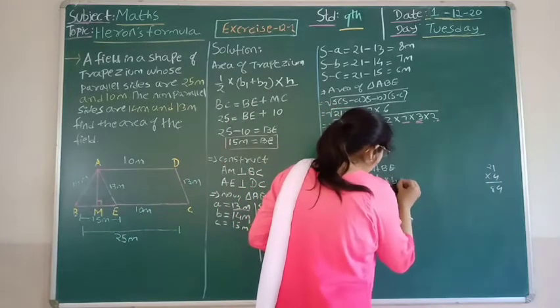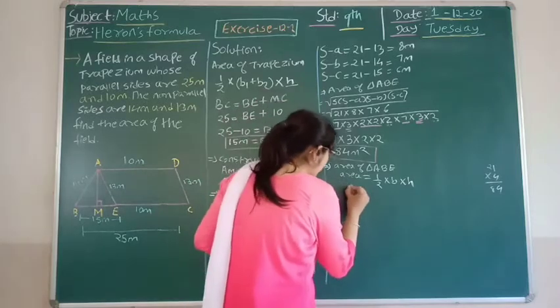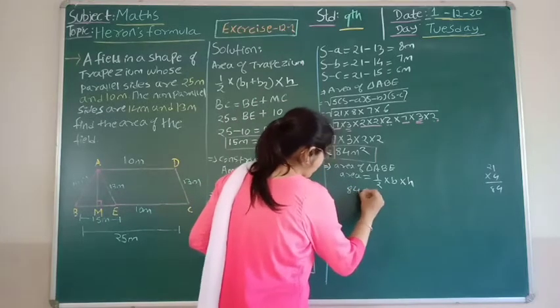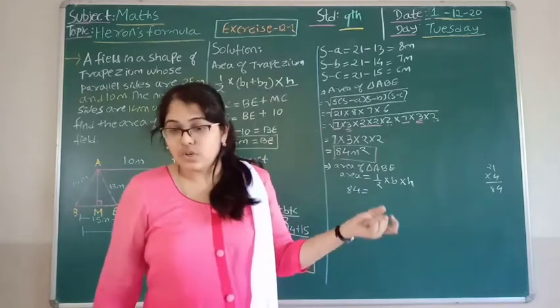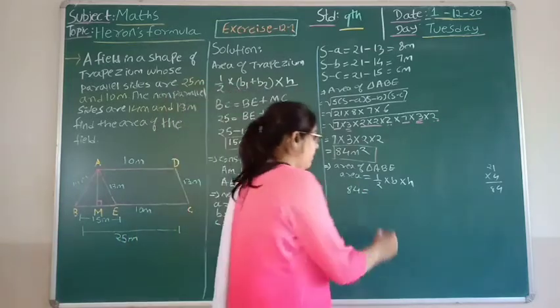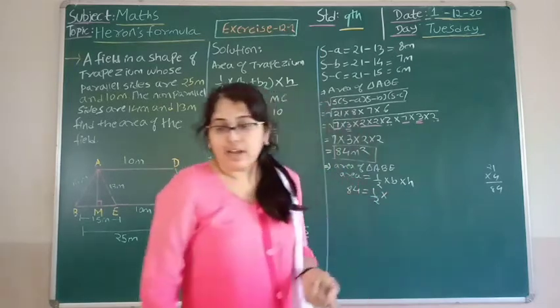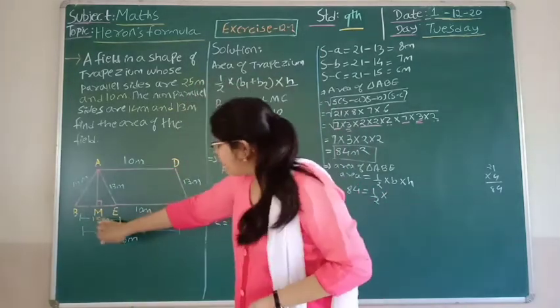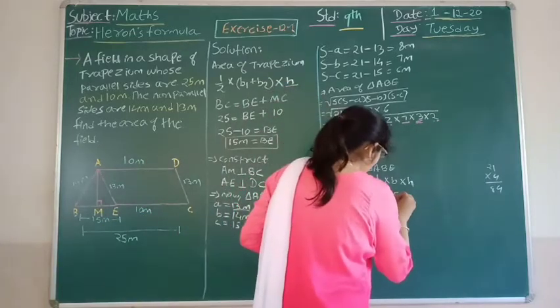And we know the area is 84, and that is 1/2 into base, and we know the base is 15, so my equation is 84 equals 1/2 into 15 into height, which we need to find.